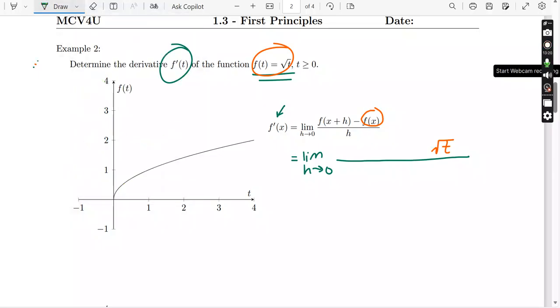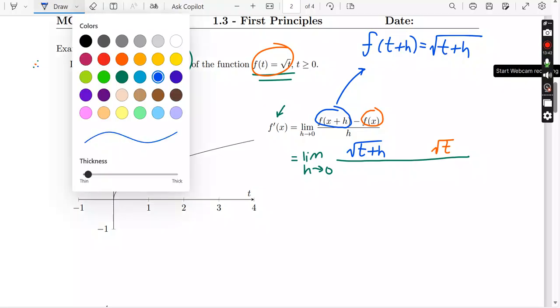And then what is f of x plus h? Again, I just take whatever the function was. Well, in this case, it's technically t plus h, and it's a square root function, so I'll have the square root of t plus h. Ooh, I see radicals.